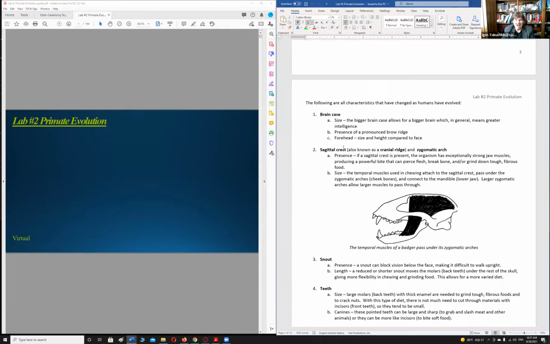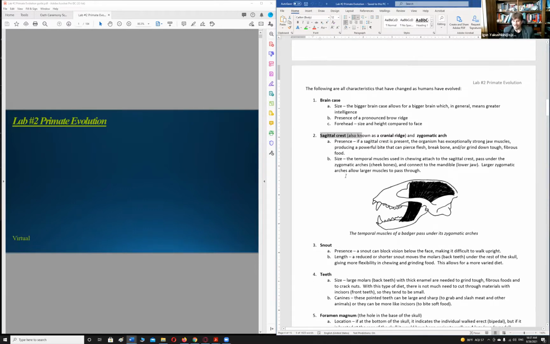Up to 19 hours of non-stop chewing. Why? Because it's processing that particular food. The plant food is very, very hard. We need to break it down. As a result, huge muscles, not as big of a brain. Okay? So that basically tells us a little bit about the diet.